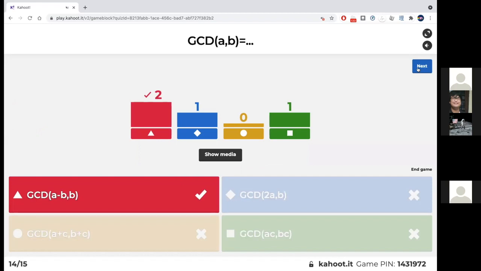So this one's a little bit tricky. You need to look at divisors of A, B, and A minus B. If something divides A and B, then it's also going to divide A minus B, because A minus B will be 0 mod that something, is one way to look at it.